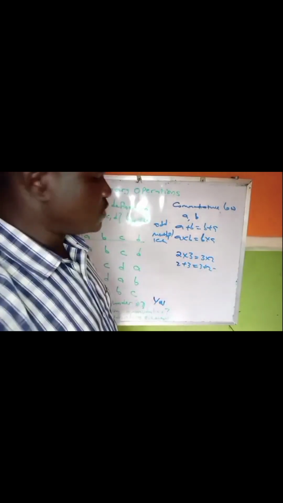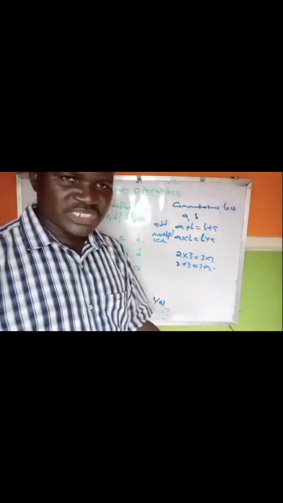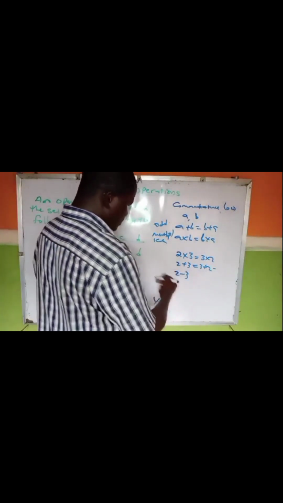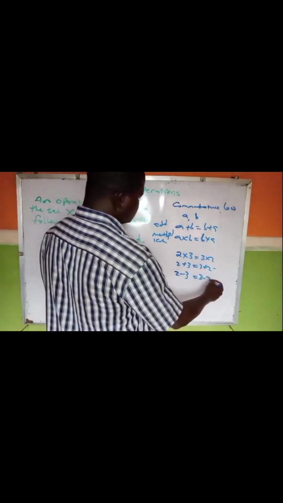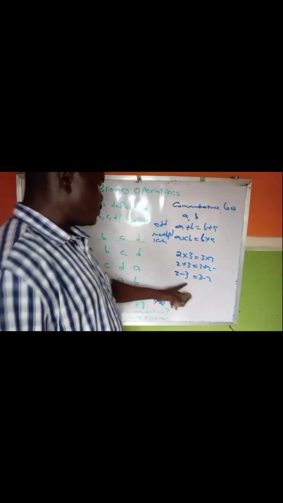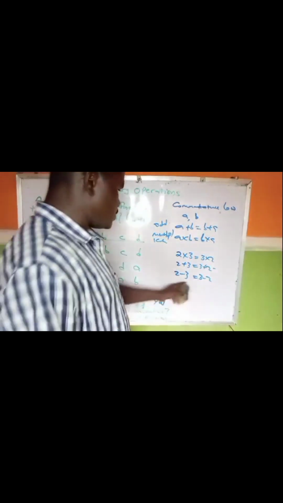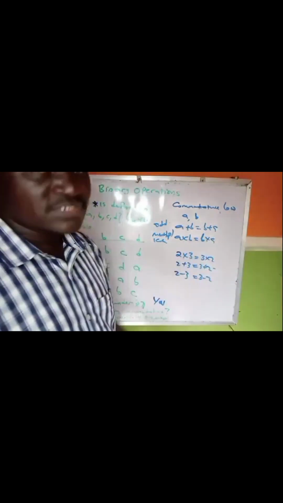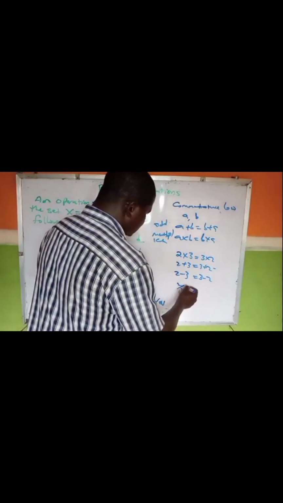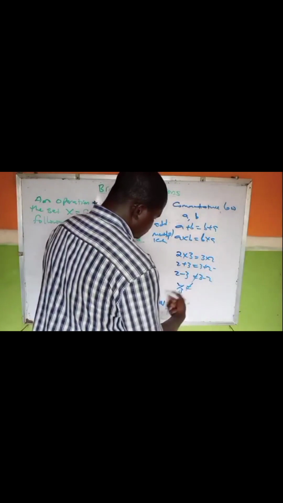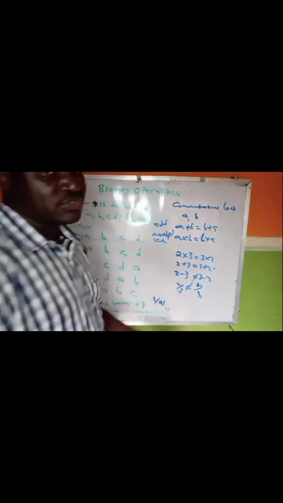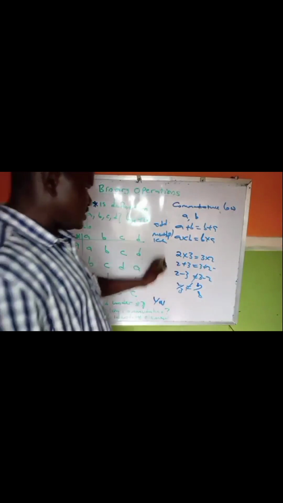So you say they are commutative. But subtraction is not commutative, because 2 minus 3 is not equal to 3 minus 2. One is minus 1, the other is 1. So subtraction is not commutative. What about division? 2 divided by 3 is not the same thing as 3 divided by 2. So it's not commutative.